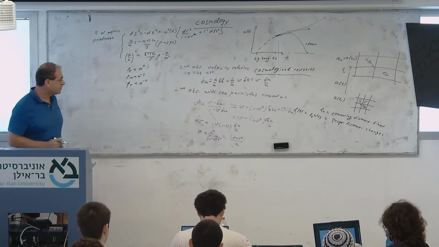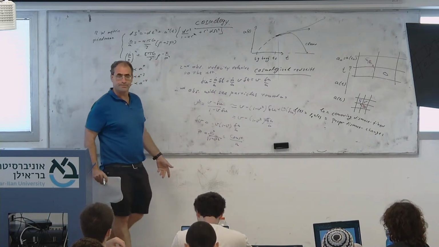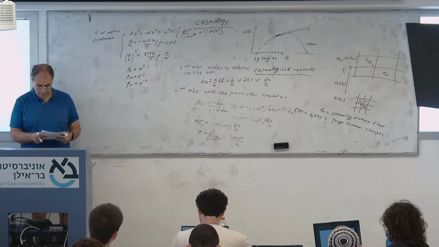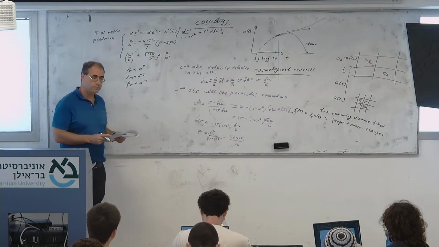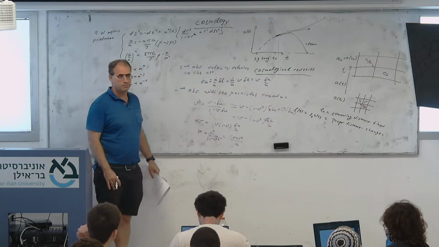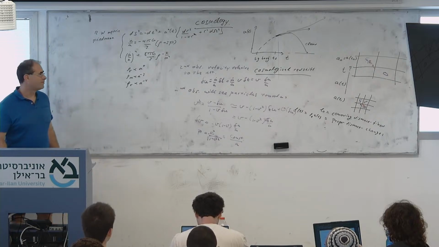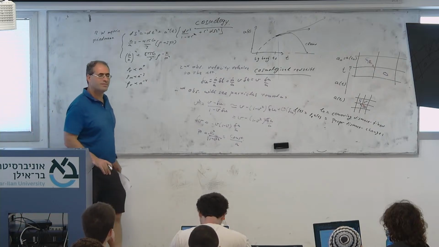If it's not relativistic, then the momentum is equal to the velocity, and then the velocity will go as 1 over a. Just go over the code.